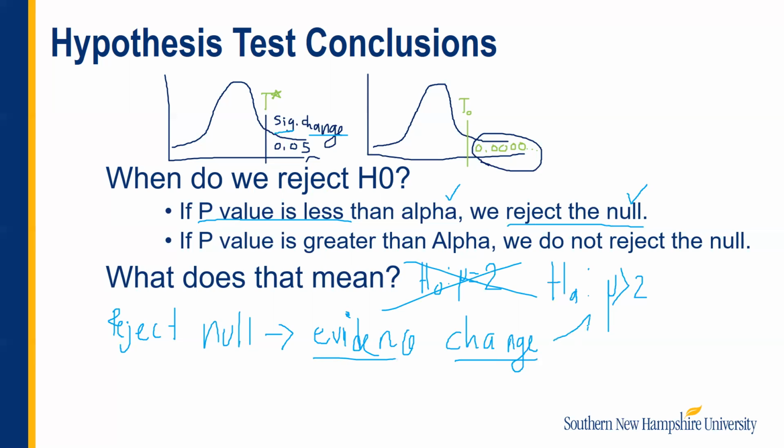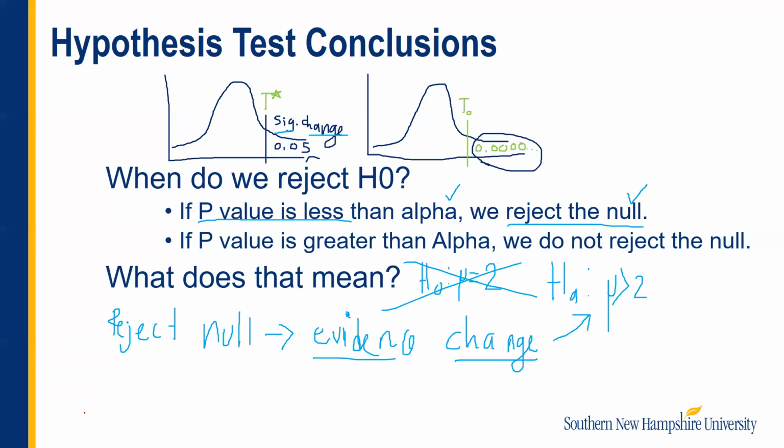There's evidence to support the alternate. So do we have evidence of an increase in gaming hours? Yes, the p-value was our evidence. But if the p-value was not less, we would not be rejecting and there would be no evidence. So they are exact opposites.